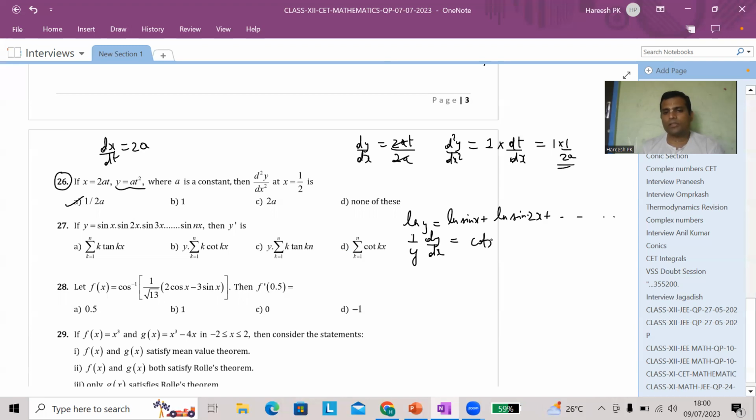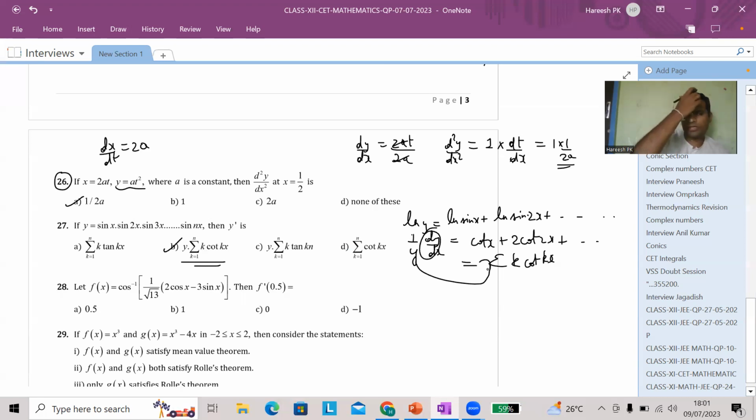So you'll get cot x plus 2 cot 2x, like that. So in general, I can say summation k cot kx. So the right answer is this, because dy by dx will be summation of k cot kx into y. Again, a very easy, direct one.